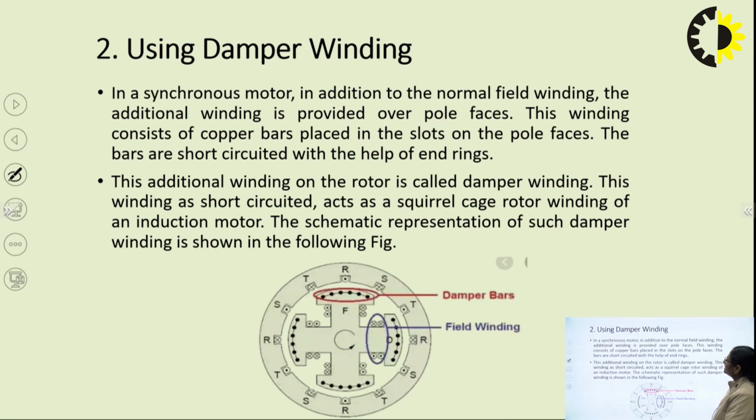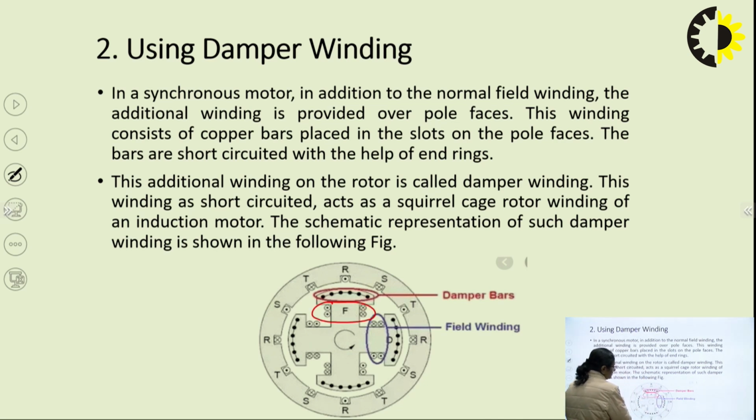The second method is by using a damper winding. In a synchronous motor, in addition to the normal field winding, an additional winding is provided over the pole faces. So here in the figure, this is the normal DC field winding.